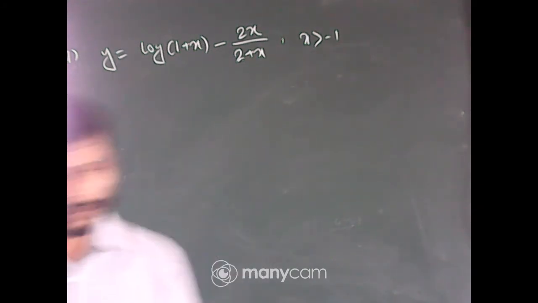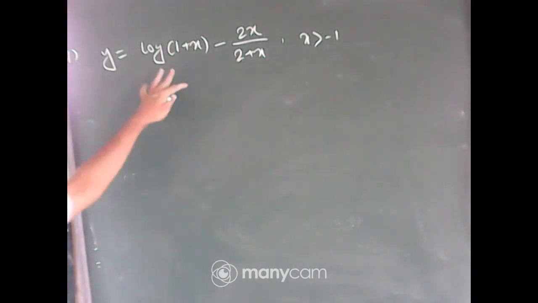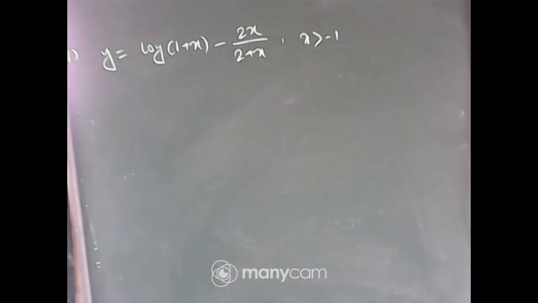Okay, so tell me one thing, what is the domain of the function? What is the domain of this function, log of 1 plus x minus 2x by 2 plus x?